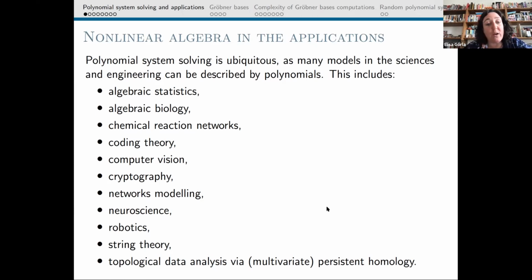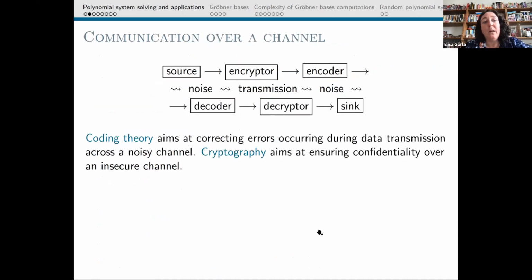I will talk in this talk a little bit about coding theory and cryptography. But as I said, they appear also in more applications, including, for example, computer vision, where you try to reconstruct, for example, 3D images from a bunch of 2D pictures, etc.